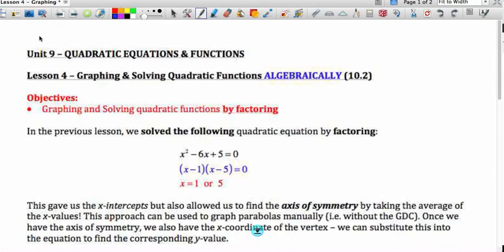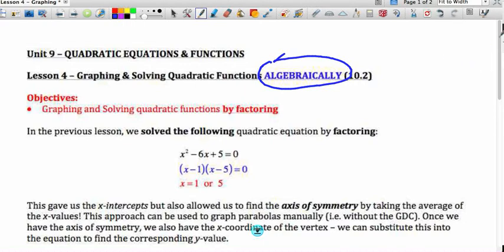Okay, so what we're going to do in this lesson is focus on sketching graphs of quadratic functions, and we're going to be sketching the graphs of the quadratic functions algebraically, which basically means without the use of the calculator.